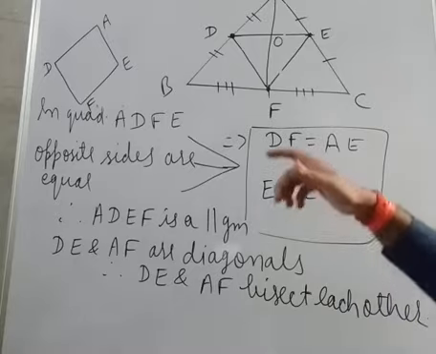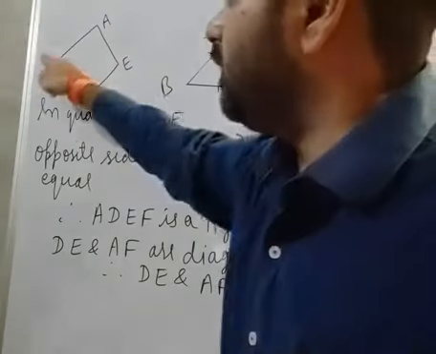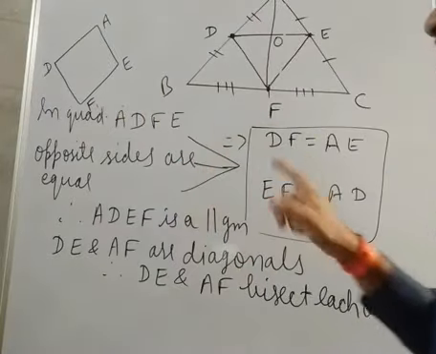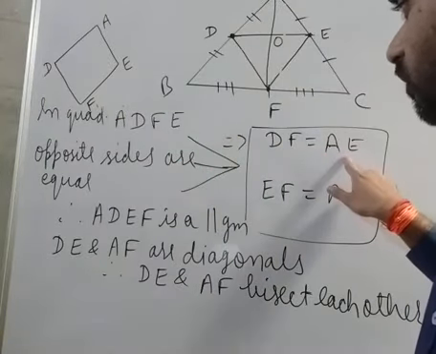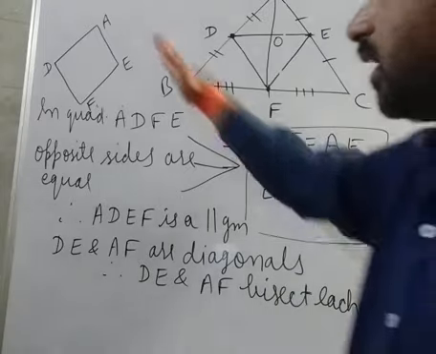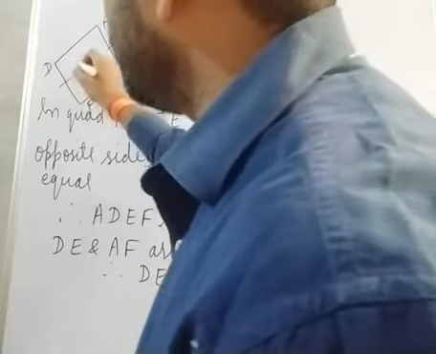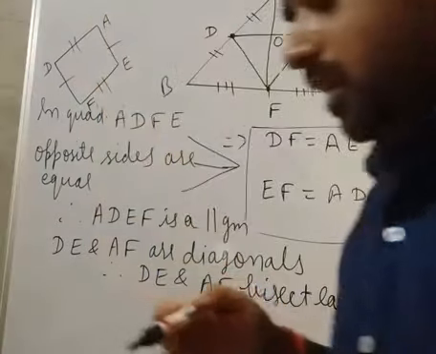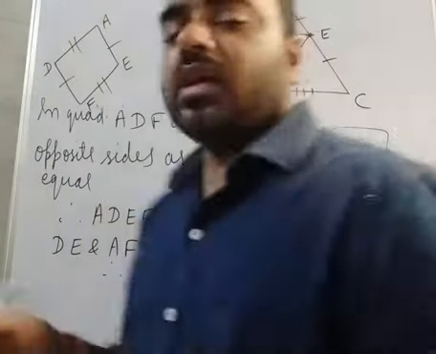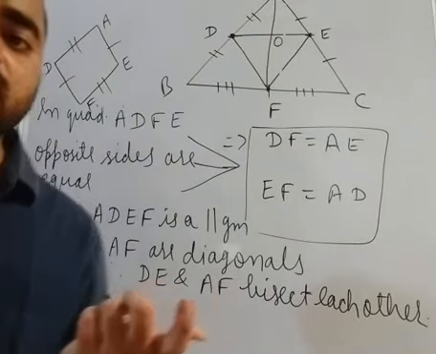Now in quadrilateral ADFE, it means opposite sides are equal, correct? Opposite sides are equal, and when the opposite sides are equal in any quadrilateral, that quadrilateral is a parallelogram.